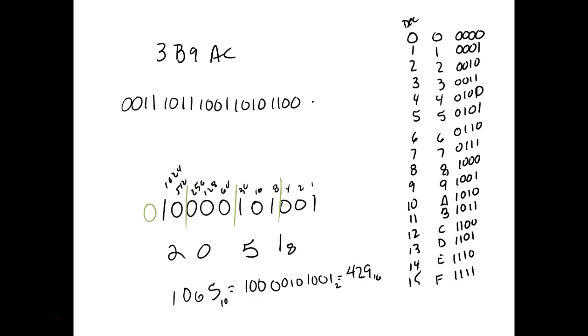So I know this is the pattern for 3. This is the pattern for B. That's the pattern for a 9. That's the pattern for an A. And that's the pattern for a C. That's hexadecimal to binary.